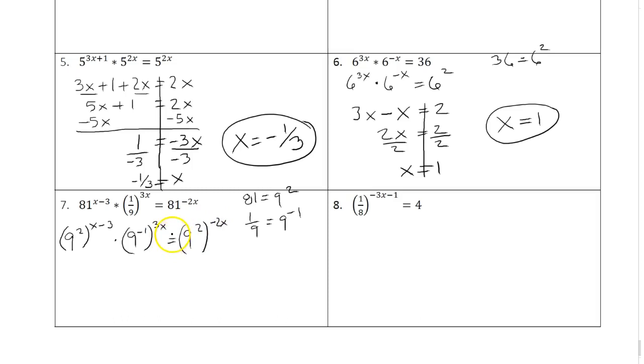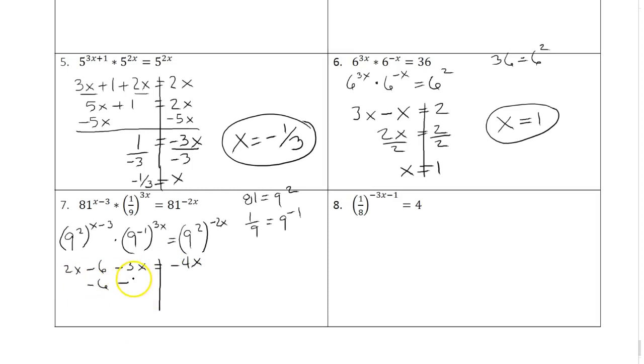Now we remember we multiply powers inside and outside the parentheses for 2x minus 6 and add powers when the bases are the same. So multiply negative 1 times 3x and add it to 2x minus 6. Now multiply 2 times negative 2x for negative 4x.